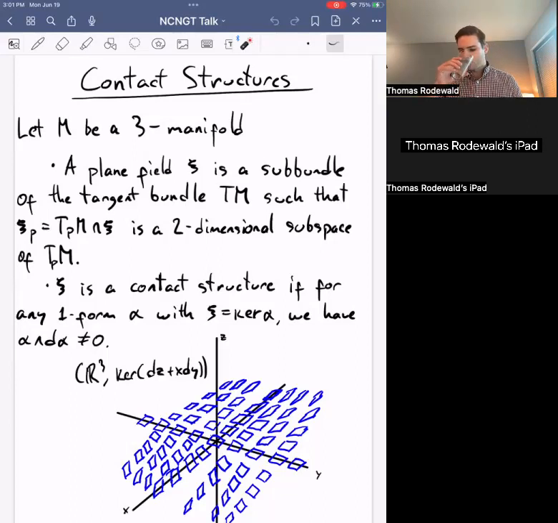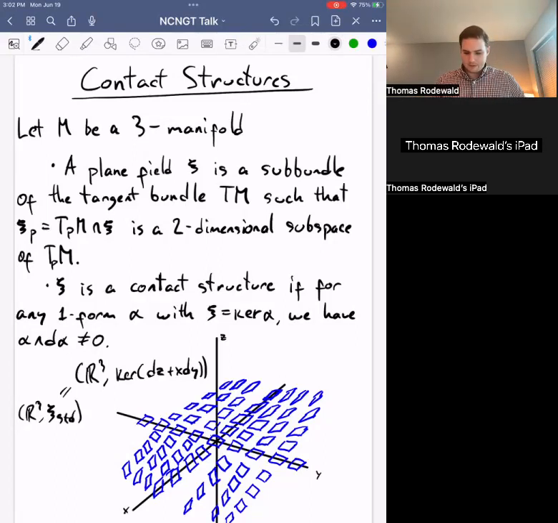What I have at the bottom here is our standard contact structure on R^3. Sometimes we just denote it R^3 with the subscript standard.